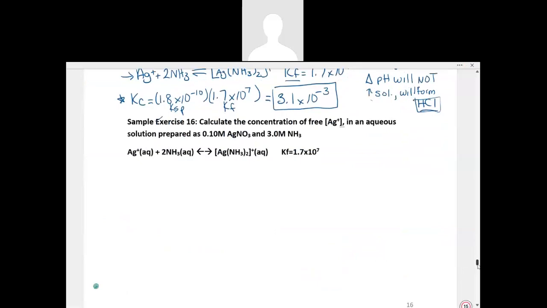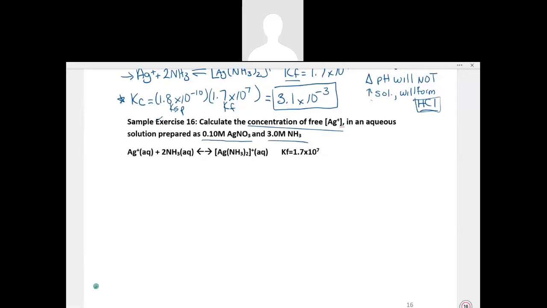So let's look at exercise 16 here and see if we can calculate what concentration of free silver, like we did above, will result in an aqueous solution prepared of 0.1 molar silver nitrate and then 3 molar ammonia. We have our combined equations already done here.